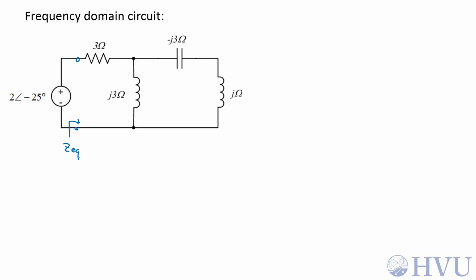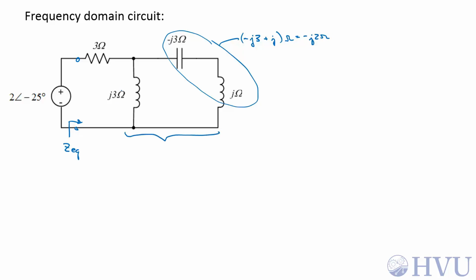So what I want is this impedance seen by the source. These 2 elements are in series, so this equivalent impedance is just the sum of the 2 individual impedances. So this is minus J3 plus J ohms, which is equal to minus J2 ohms. That impedance is then in parallel with this J3 ohm impedance.